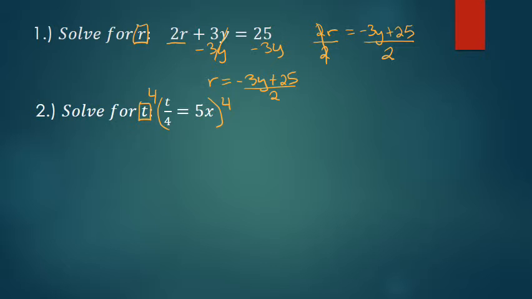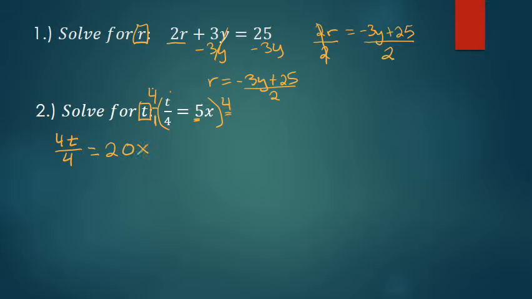Now I'm going to do an intermittent step that I haven't been showing, but basically what I'm doing here is numerator times numerator, which in this case is 4t over 4. That equals 5x times 4. Don't forget that you multiply the coefficient times the number first, and 5 times 4 is 20.